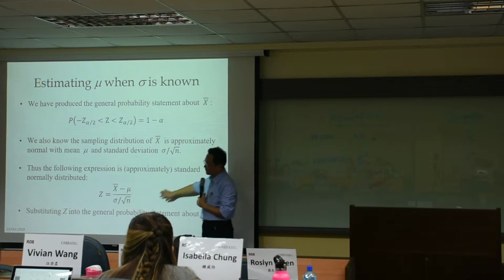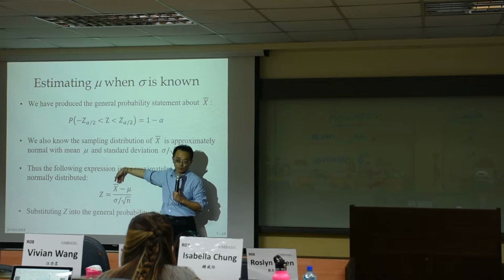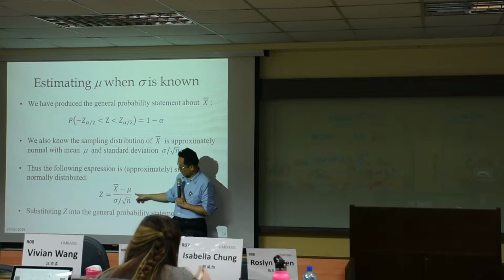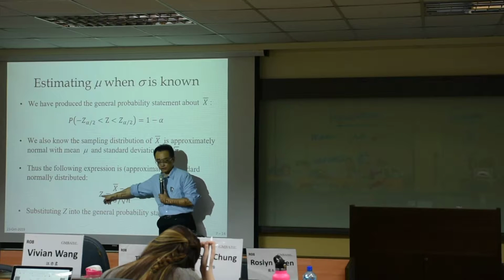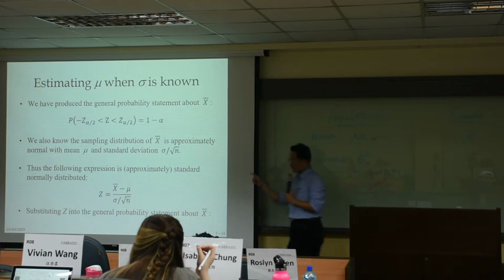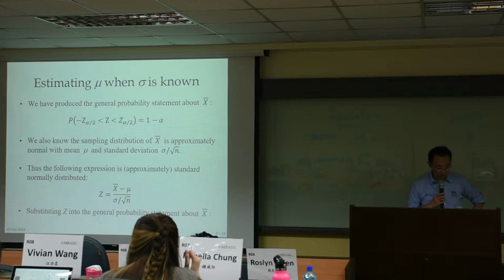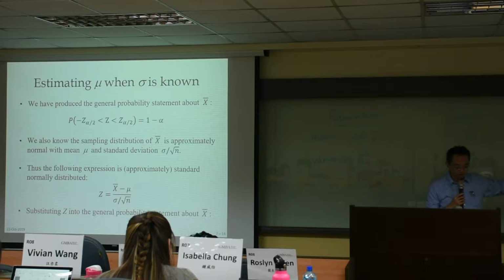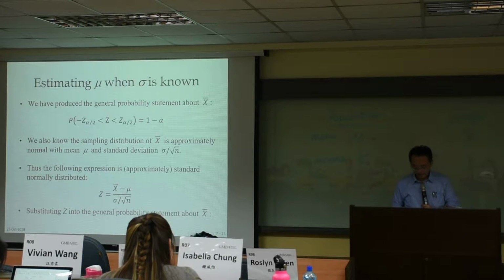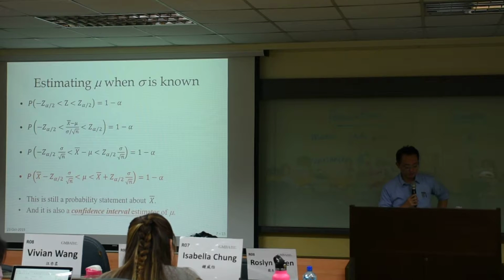This is the sample mean, this is the population mean, and with this expression we will have the standard normal distribution. Given this, we can plug that value back into the first equation, substituting z into the general probability statement about x.